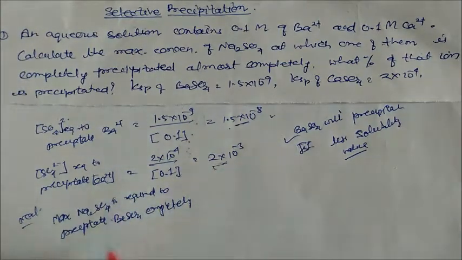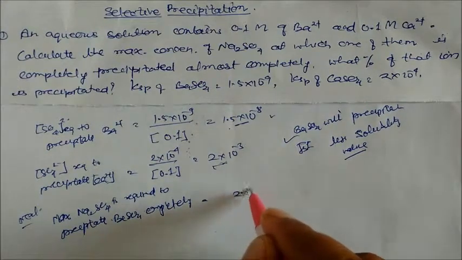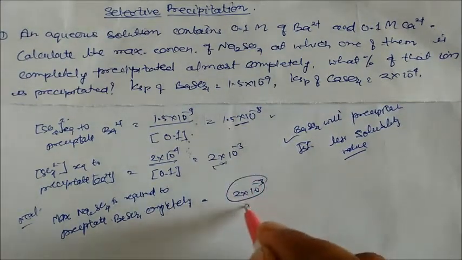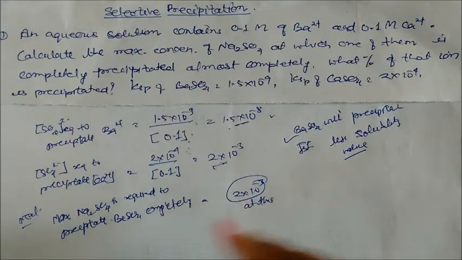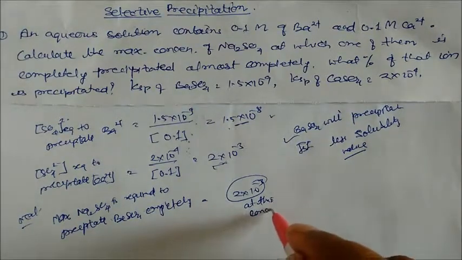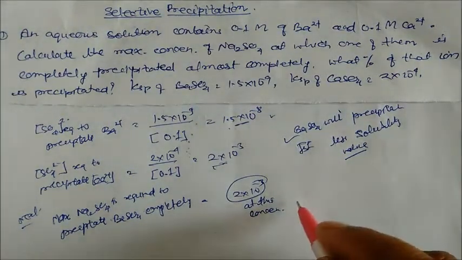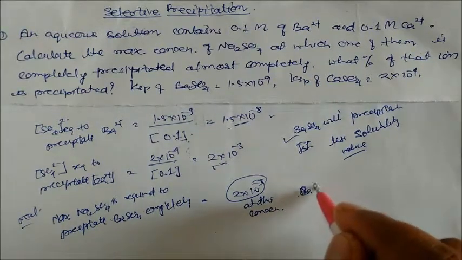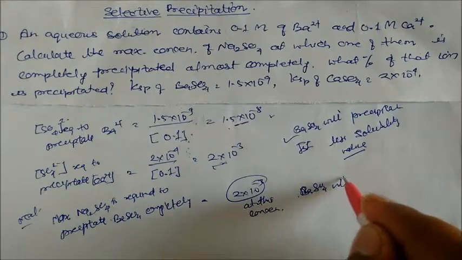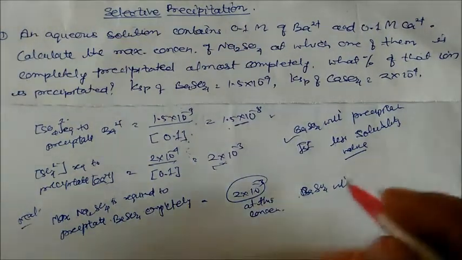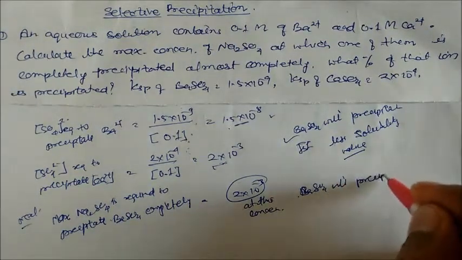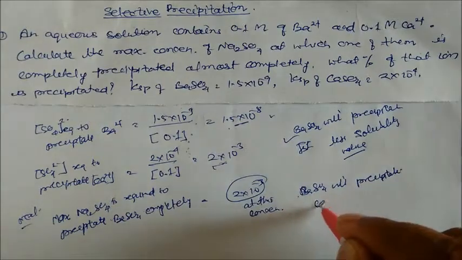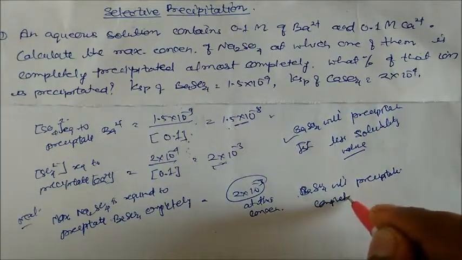At this concentration, 2 × 10^-3, barium sulfate will precipitate completely.